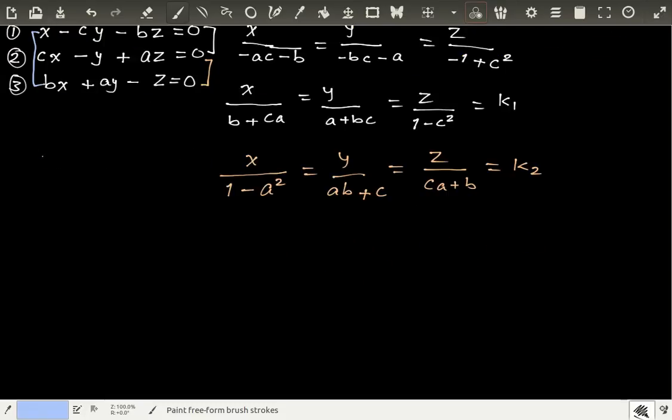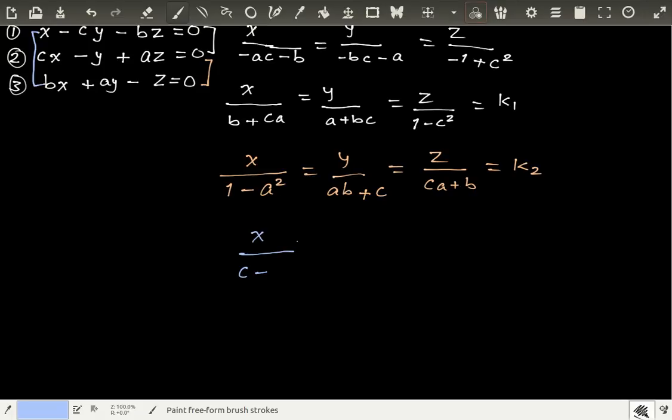So from this we will get another relationship, which is x over, now this is minus c times minus 1, which is c, minus plus a times minus b.